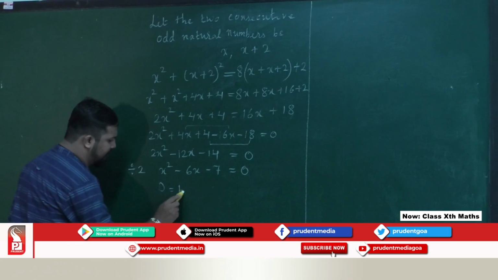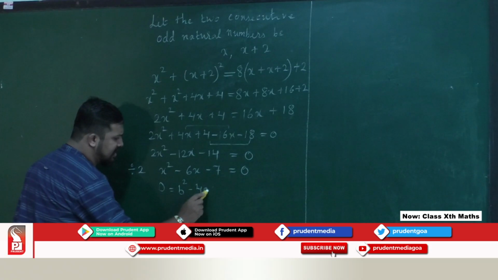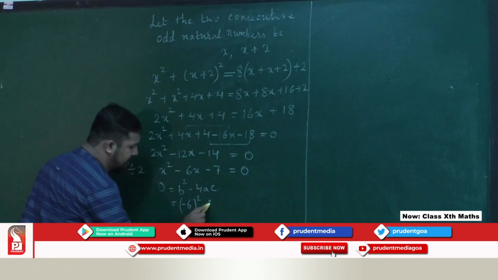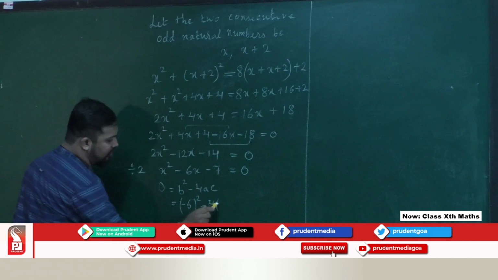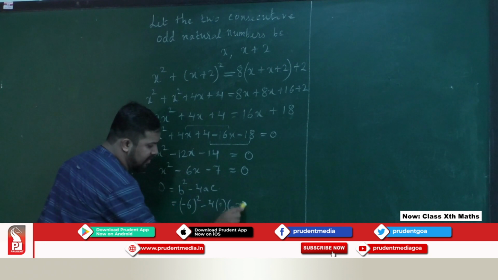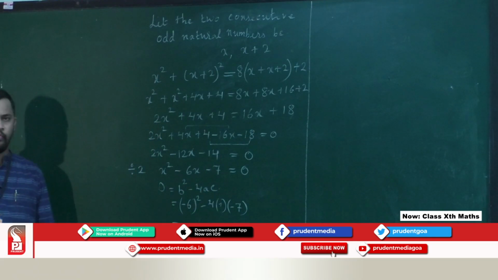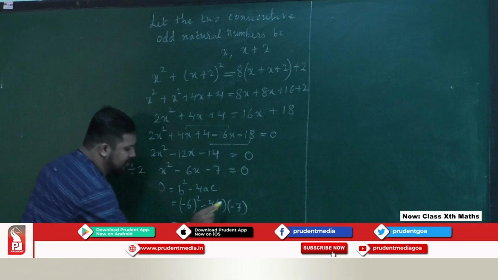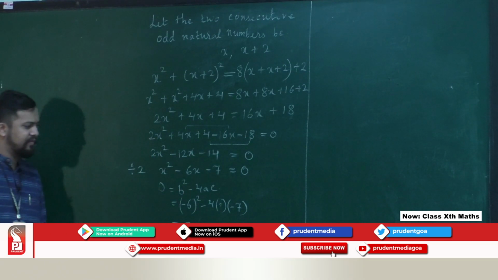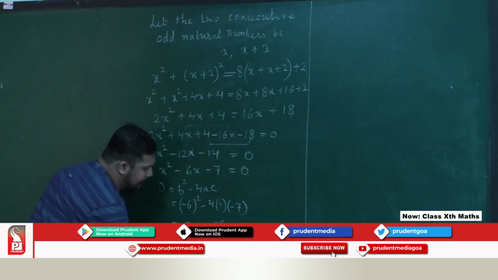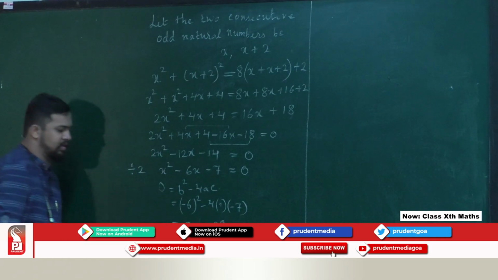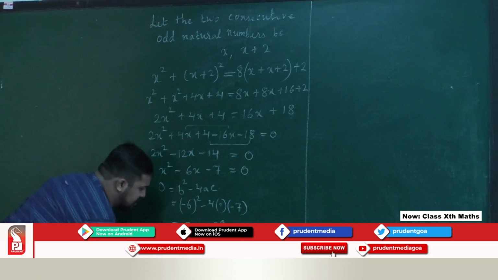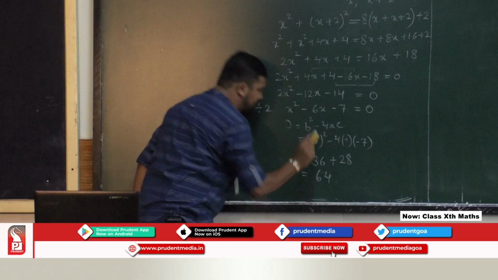So D is equal to b square minus 4ac, minus 6 the whole square, a is 1, c is minus 7. 6 square is 36. Negative becomes positive, minus into minus is again positive. 7 4s are 28. Let us add 36 plus 28, that is 64.